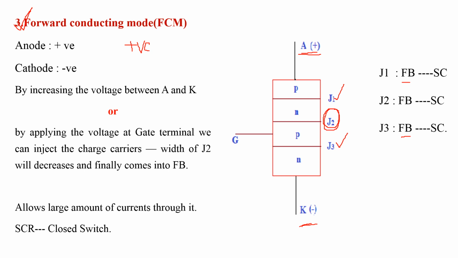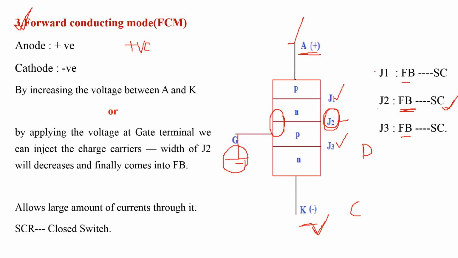In this case, we increase the voltage between anode and cathode, or keeping the voltage between anode and cathode constant, by using some external voltage source connected to the gate terminal we inject charge carriers at junction J2. At a particular value of external voltage, the width of junction J2 decreases, and finally it comes into forward bias, which acts as a short circuit.